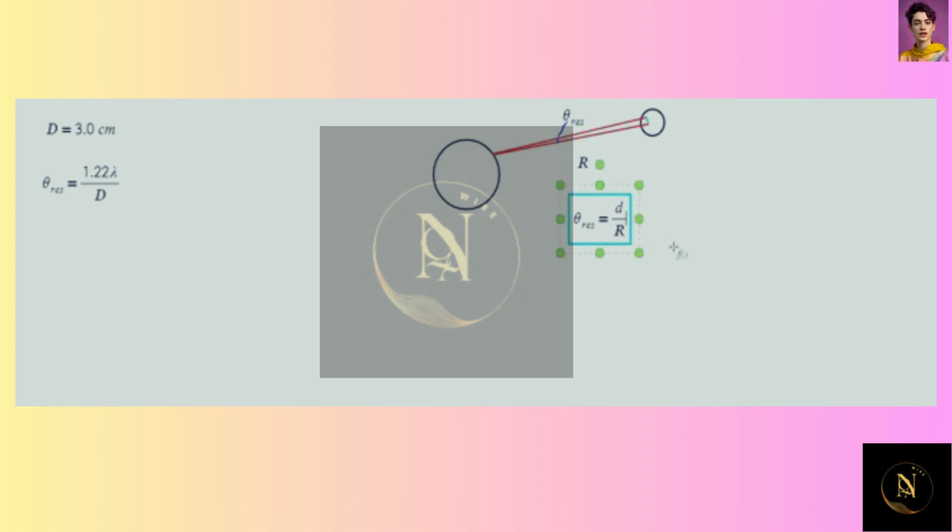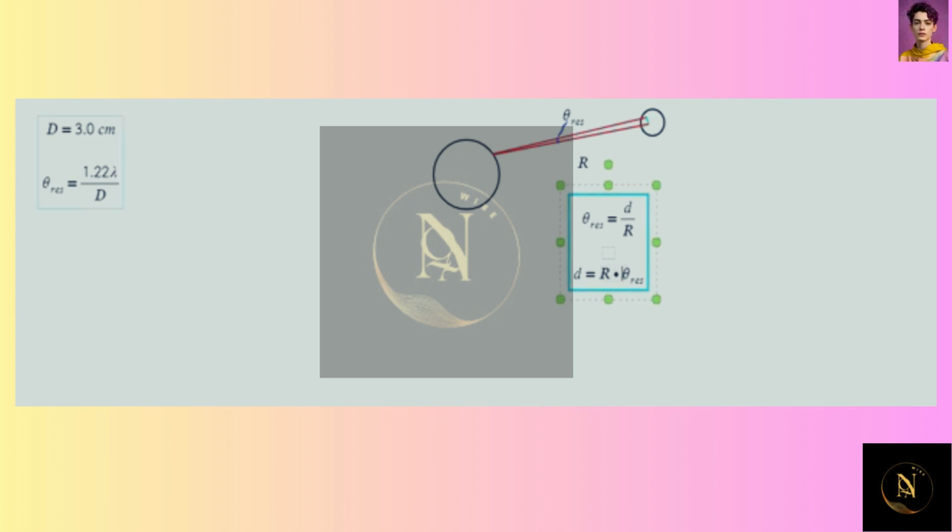Once we have theta res, all we have to do to solve for d is multiply both sides by capital R. So our answer in the end is going to be theta res times this radius. This is going to be our final answer once we plug in theta res and determine what R is.